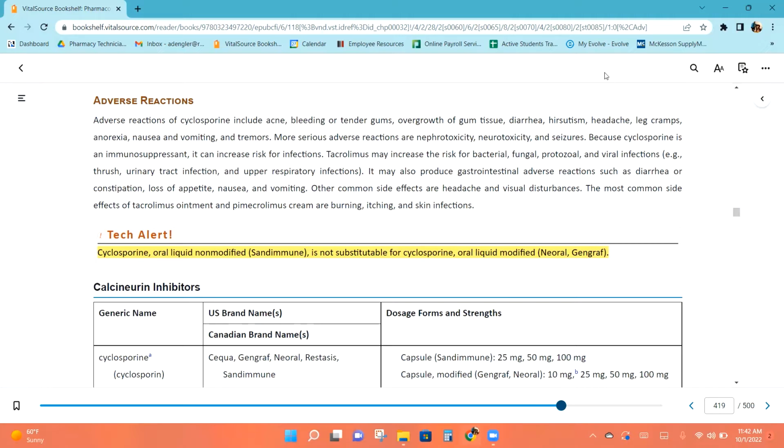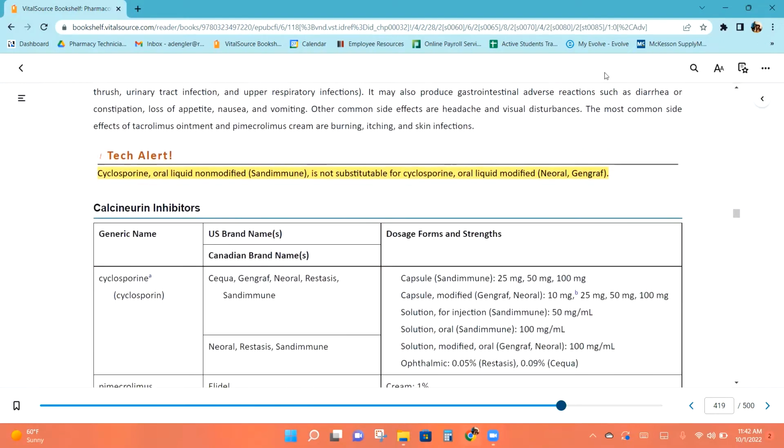It may also produce GI adverse reactions such as diarrhea, constipation, loss of appetite, nausea, and vomiting. Other common side effects are headache and visual disturbances. And the most common side effects of tacrolimus ointment and pimecrolimus cream are burning, itching, and skin infections.